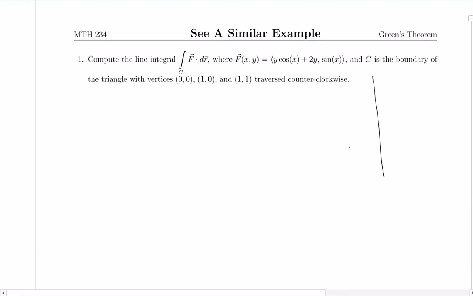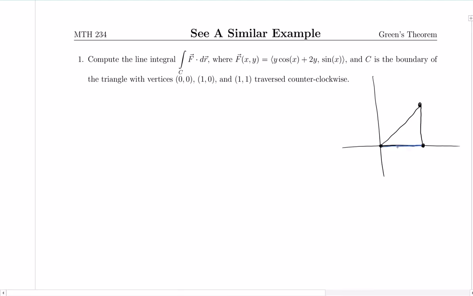So let's try to draw the curve C. It's the triangle with vertices (0, 0), (1, 0), and (1, 1). So it's this triangle, and we're going counterclockwise around it.